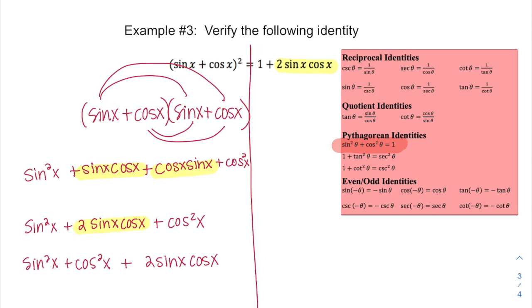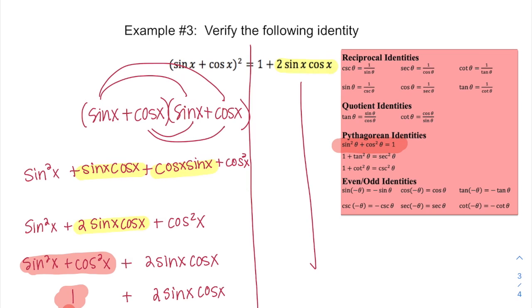And I would say we did not. That is the commutative property of addition. And now I have sine squared plus cosine squared, which from my identity is 1. So I can replace sine squared plus cosine squared with the number 1. And now we have the same thing that we want: 1 plus 2 sine x cosine x.